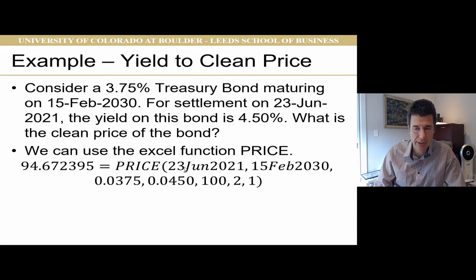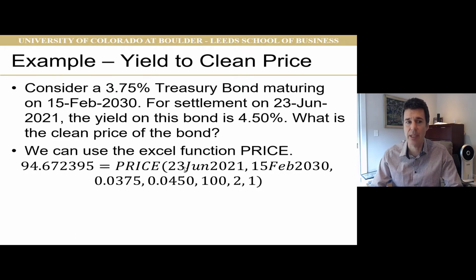We pass settlement date, 23rd June 2021, maturity date, 15th of February 2030, coupon rate, 3.75, yield, 4.5, principal or par, 100, frequency 2 for semi-annual, basis 1 for U.S. Treasury bonds, and we find a clean price, 94.672395. If we were quoting in the market, we would quote this price.